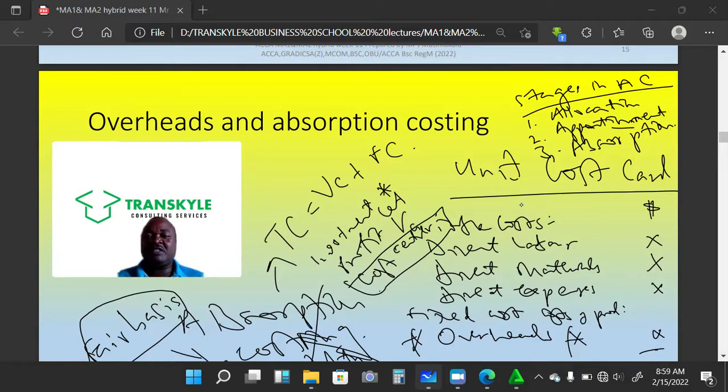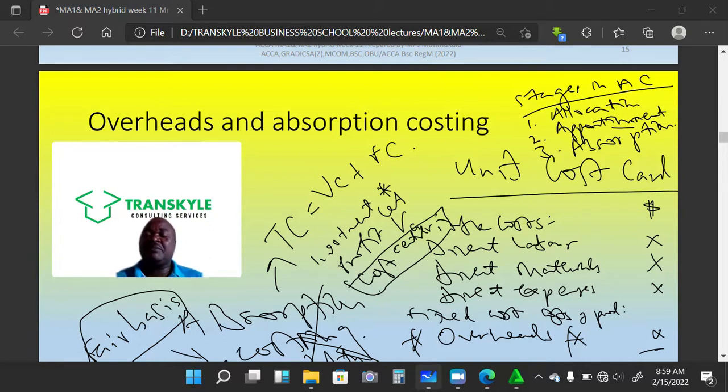For example, production department A or production section B is given the whole cost. And when we are talking of apportionment, we are saying that this is the apportioning or the sharing of overheads, which are indirect costs.